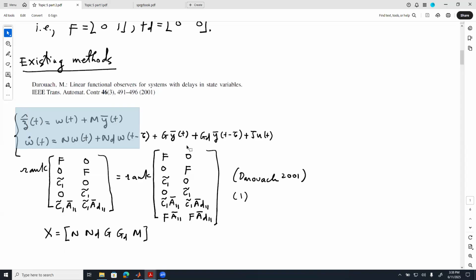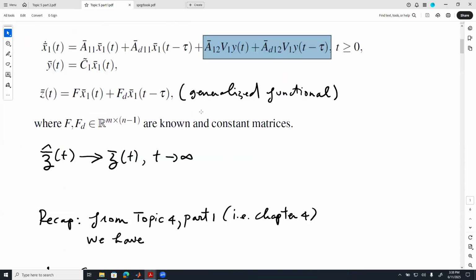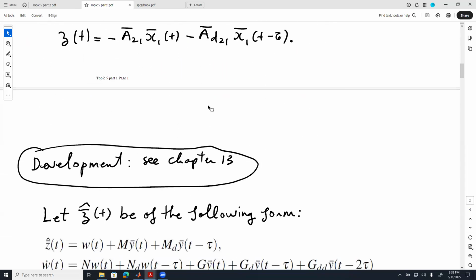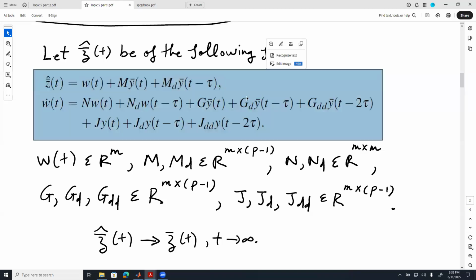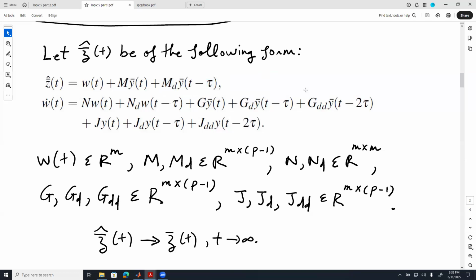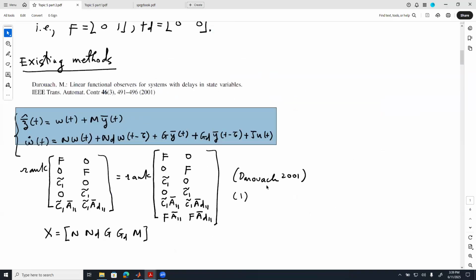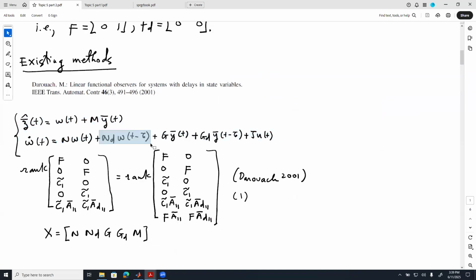It is similar to the one we proposed in the previous section, whereas in our previous section we have a bit more general expression, with delay in here as well as multiple delays. So according to this reference, that is the structure of the observer, and we call it the one with internal delay.